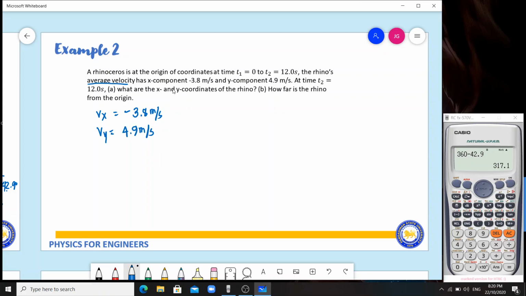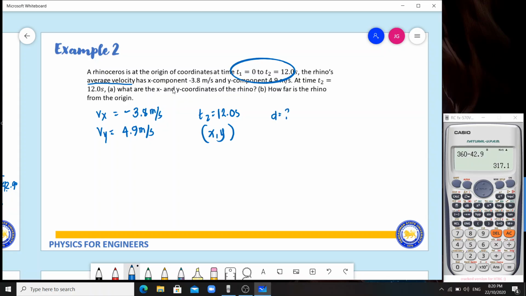This is average velocity, okay, during this interval. So, at time t2, 12.0 seconds, what are the x and y coordinates? Hinahanap si x and y coordinates. Okay, so the position. How far is the rhino from the origin and the distance?